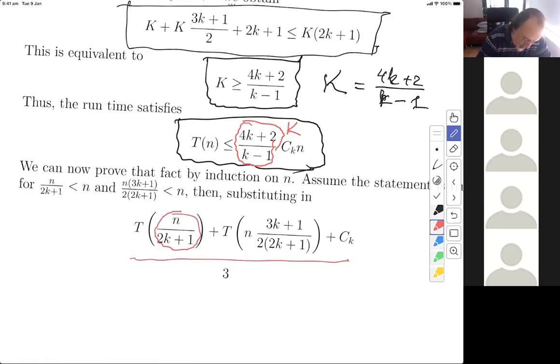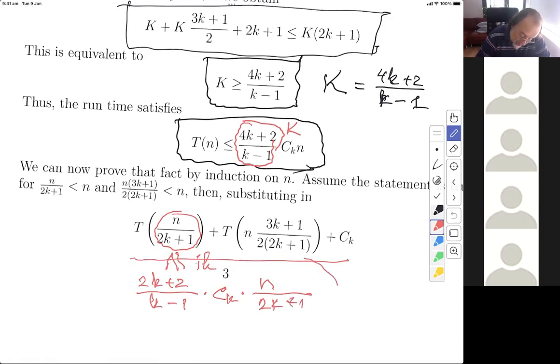So this will be by induction hypothesis smaller or equal than (4k plus 2) over (k minus 1) times ck times n, where n here is n divided by 2k plus 1.